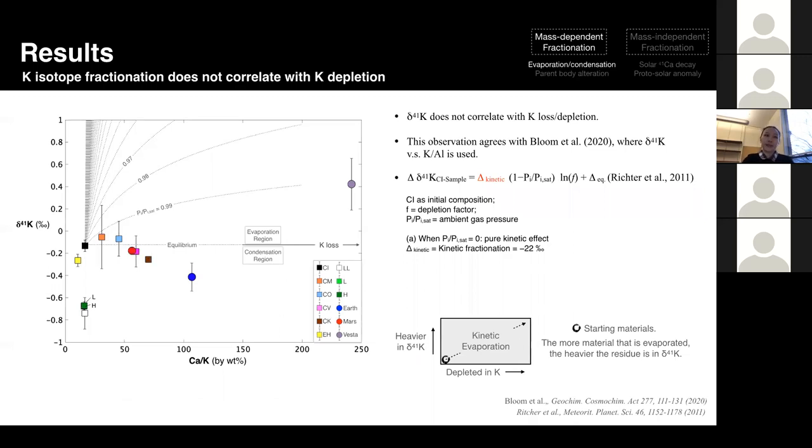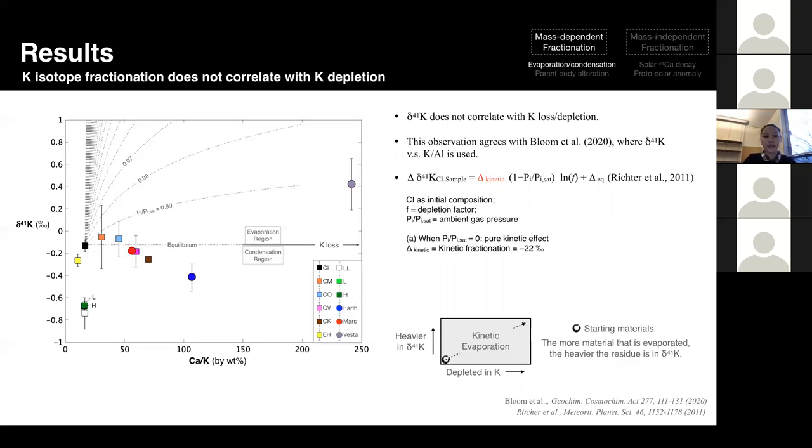So on your left-hand side, we show that there are variations of potassium isotope in different meteorite groups. The y-axis is the potassium isotope composition. The more positive the value is, the heavier the isotope composition is. And the x-axis is the calcium over potassium ratio, which represents a depletion factor, because calcium is a refractory element and the concentration of calcium doesn't change too much.